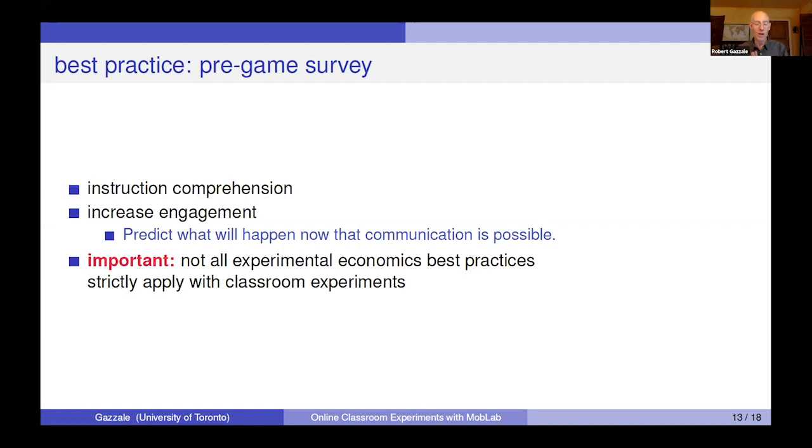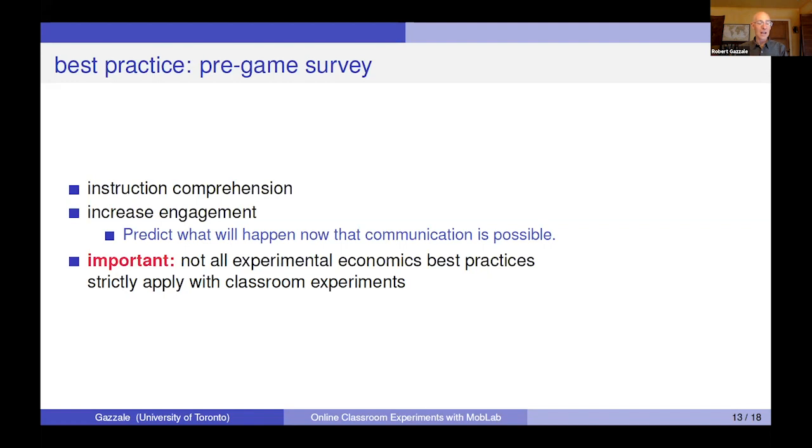At this point, I want to highlight something. I know a bunch of us are experimental economists and we use experiments in our research. There are certain best practices that we have when we use human subject experiments in our research. What I'd like to highlight, and something that's taken me a while to fully be comfortable with, is that some best practices for economics experiments don't necessarily apply with classroom experiments.